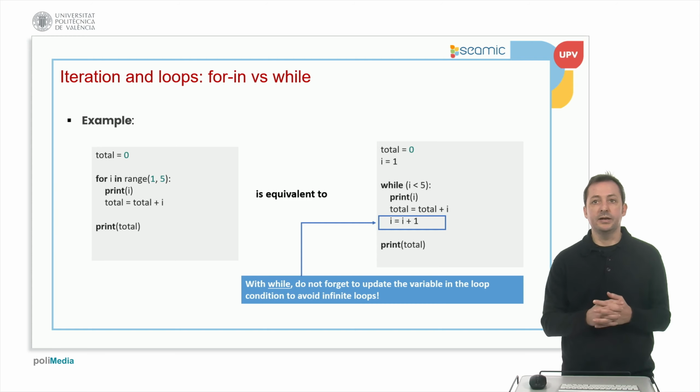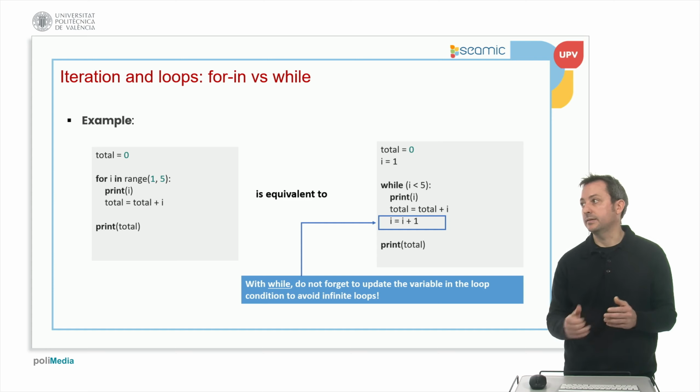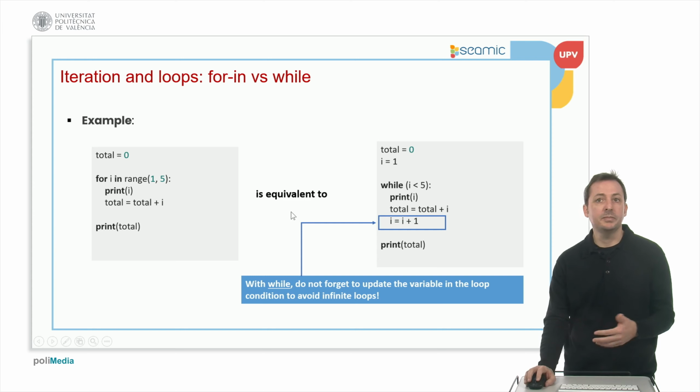Each type of loop is used in different situations. The while loop is more used when you have some condition that you need to check, but you don't know how many iterations can be carried out. At some point it will end, but you don't know if there will be 5, 7, or 10 iterations.